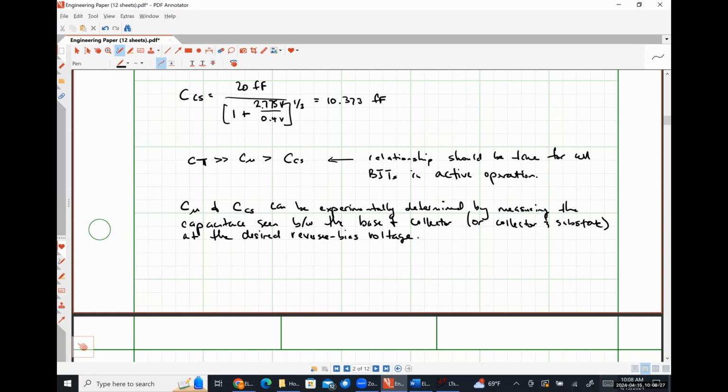To figure out what's going on with C pi, we actually have to have an understanding of what's happening with beta. So previously, we have just used beta as a constant value, but beta actually changes with frequency as well. And we can observe that by looking at our circuit and measuring what beta should be.